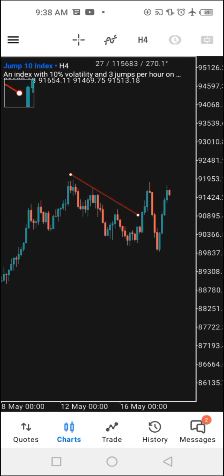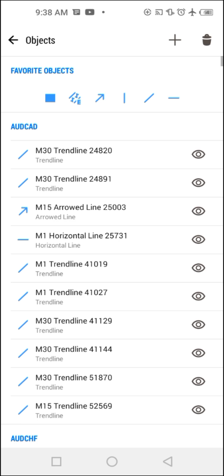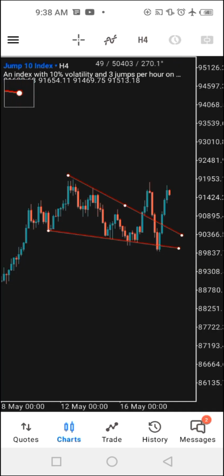I just told you a simple way to identify a pennant, right? Now this is a pennant. This is a pennant. Can you see it? Now this is a bearish pennant, and as a bearish pennant, the price will always go up.